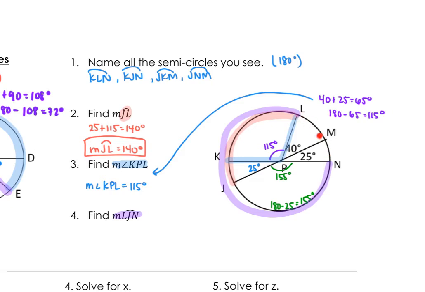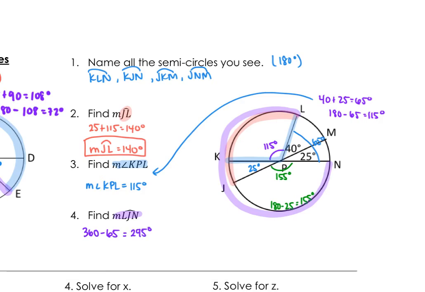To me, that's less math. We know that 40 plus 25, this piece right here, is 65 degrees. So to find LJN, which is everything but this piece, we can just do 360, which is a full circle, minus 65, which is 295 degrees.